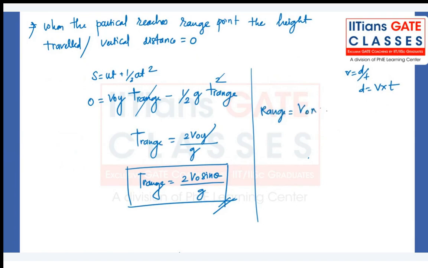What is v naught x? V naught cos of theta, into what is t range? 2 v naught sine of theta by g. So 2 sine of theta cos theta is sine of 2 theta. So it's v naught square sine of 2 theta by g is equal to range.